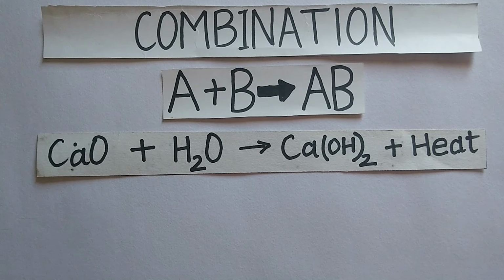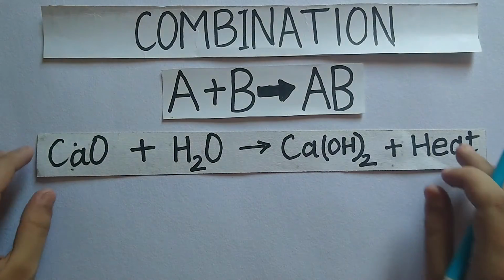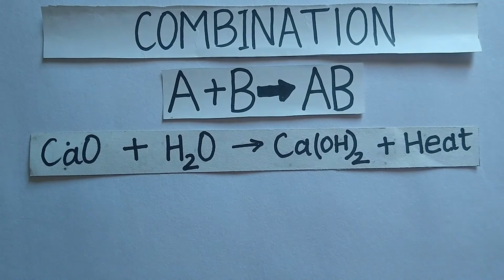Now, when you are actually doing your experiments, you know what is a solid, what is a liquid, what is a gas, because you can see it with your own eyes. But when you note down the whole experiment as a chemical equation, it becomes difficult for us to identify just with the name. So you will have to mention the state of the matter as well. Let us note that down.